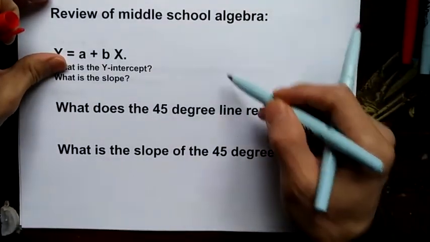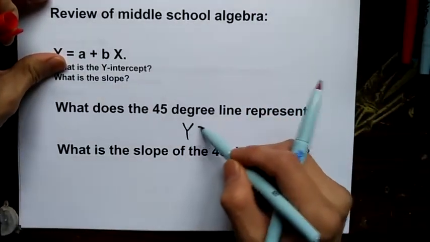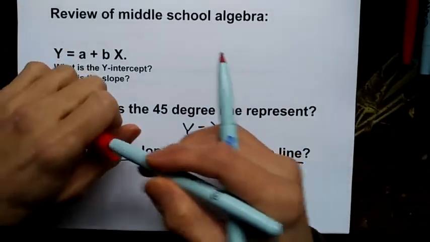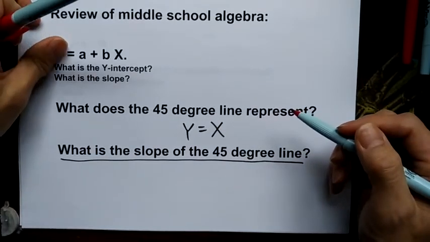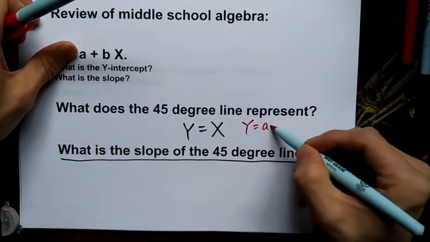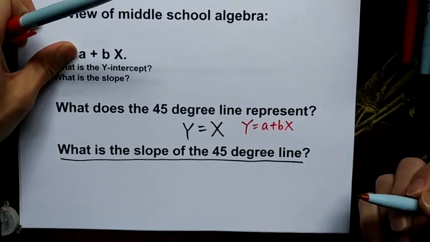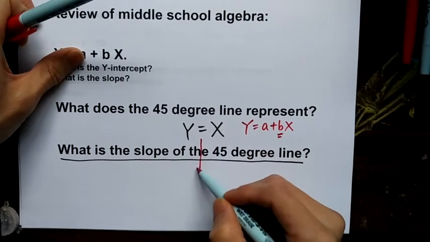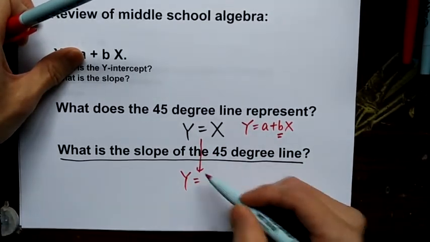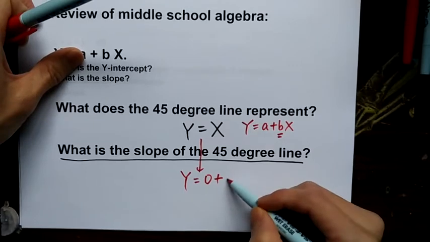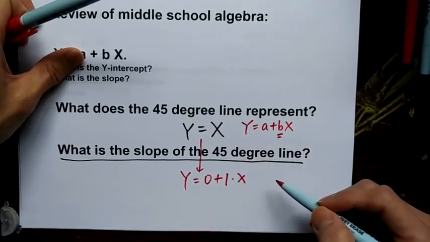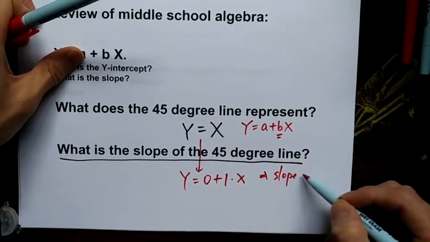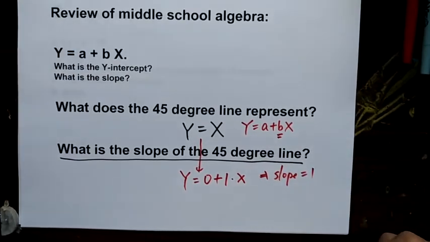So if the function is y equal to x, then what is the slope of this line? Remember, when y is equal to a plus bx, what is the slope? B. So y equal to x is equivalent to y equal to 0 plus 1x. Therefore, the slope of the 45-degree line is 1.